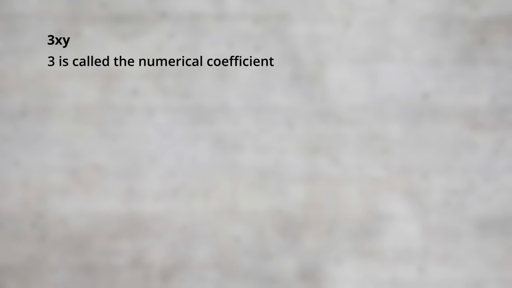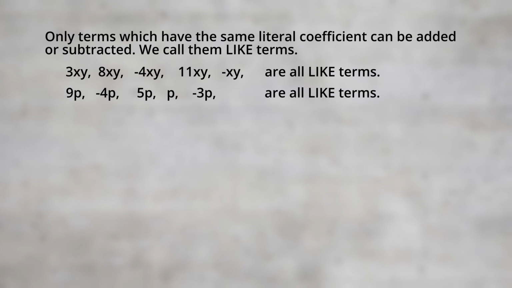The number part, the 3, is called the numerical coefficient. The letter or variable part xy is called the literal coefficient. Only terms which have the same literal coefficient can be added or subtracted. We call them like terms.